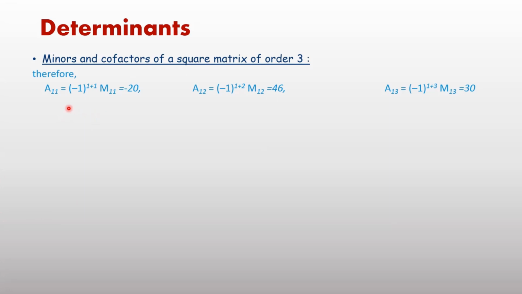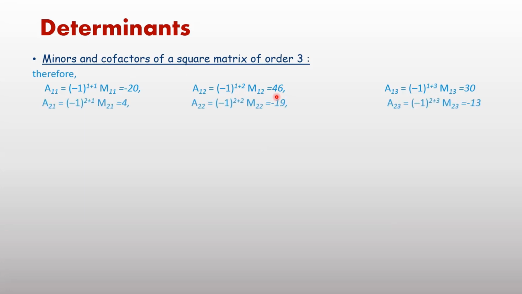Now cofactors. A11: minus 1 power 1 plus 1 means minus 1 power 2, no change, its value is the same as minor, minus 20. M12: minus 1 power 3 changes the sign, 46.